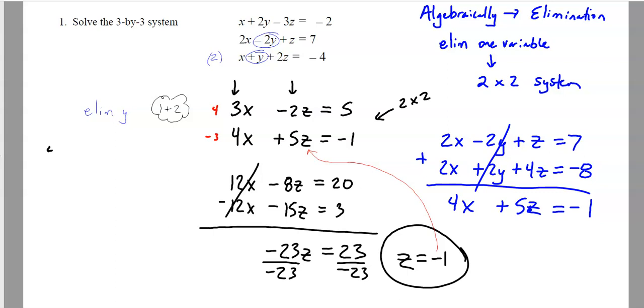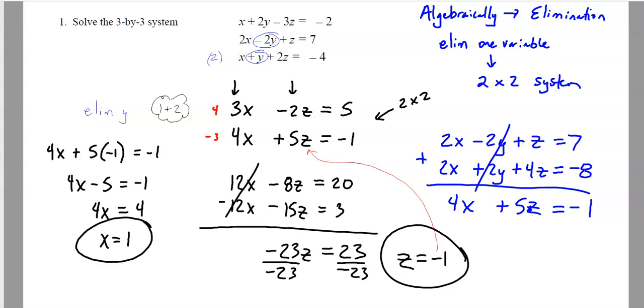I'm going to use the bottom equation. 4x plus 5 times a negative 1 equals negative 1. So that's 4x subtract 5 equals negative 1. And add 5 to both sides. I was a little worried, I thought I was going to get a 6 here. Add 5 to both sides, I'm going to get 4. And boom, we just got our second feature.